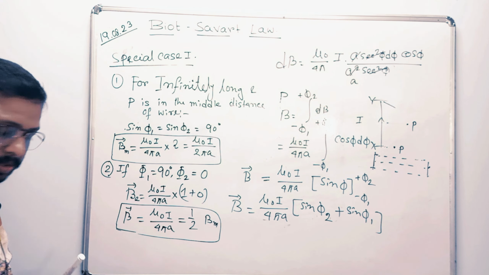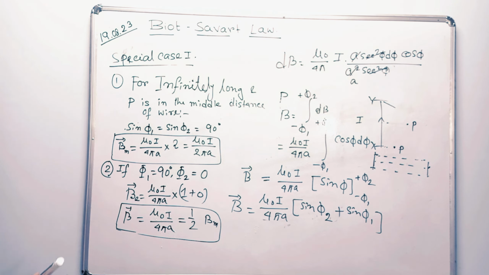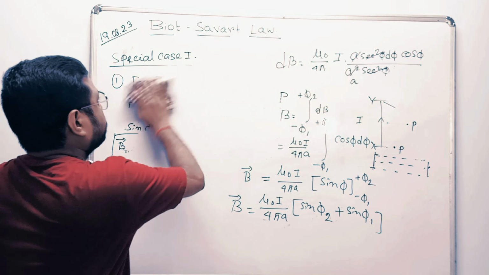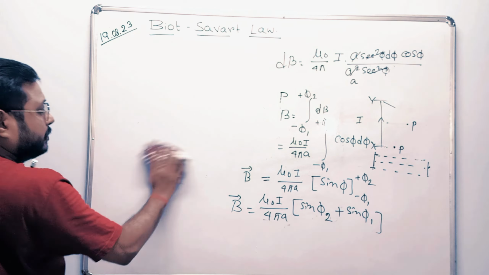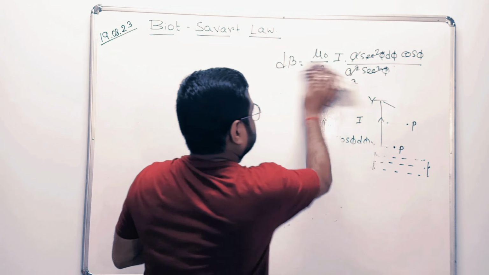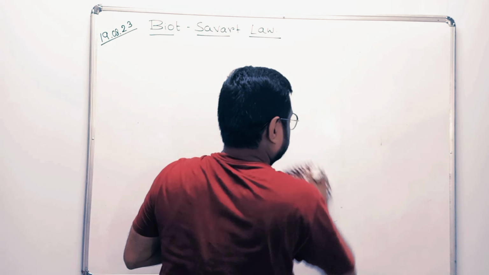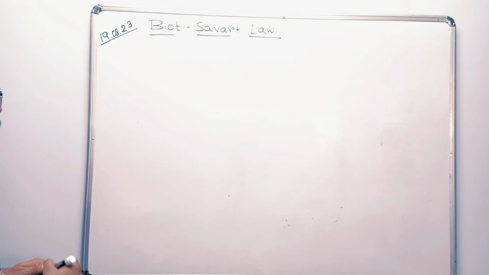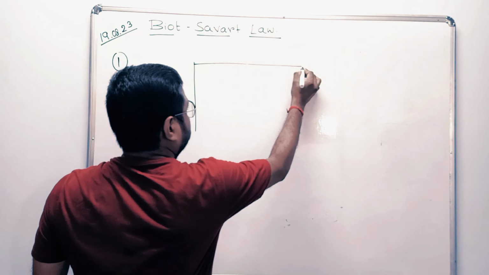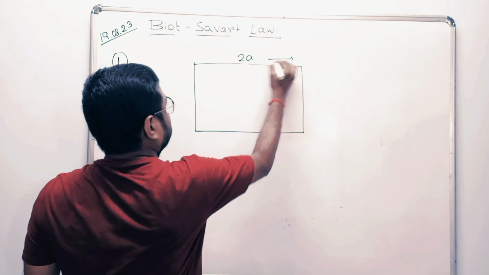Okay, now we go with some numericals. Suppose a wire is bent in the form of a square of side 2a.